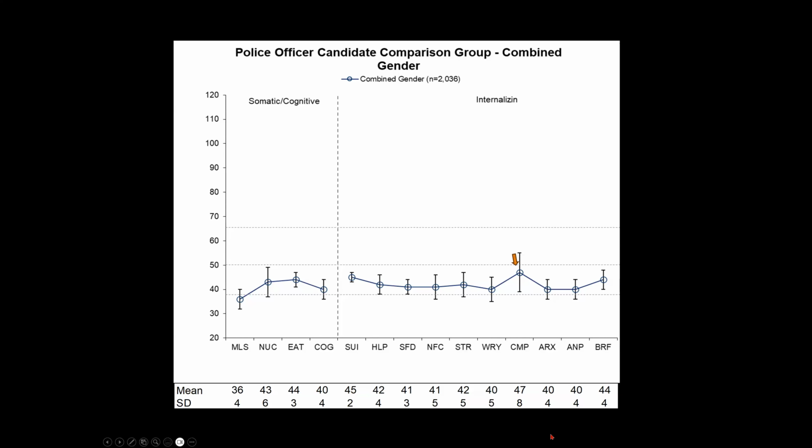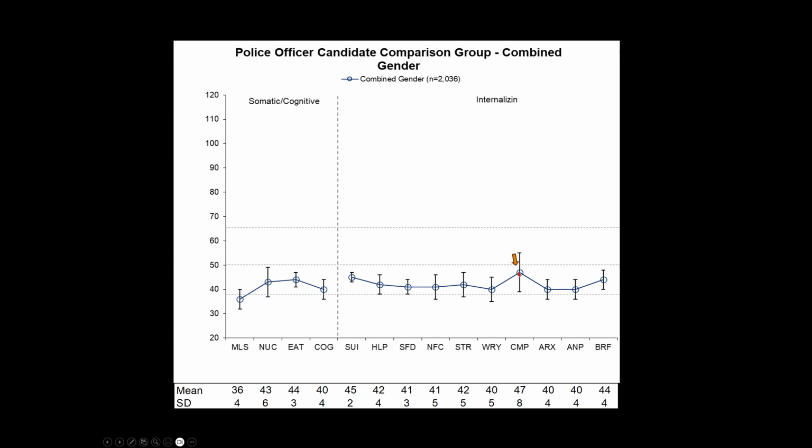At a T-score of 47, that's not an indication of proclivities towards compulsive behavior. It most likely reflects the fact that someone assessed in the context of a pre-employment evaluation is going to tell us that they are careful and check their work, so to speak.